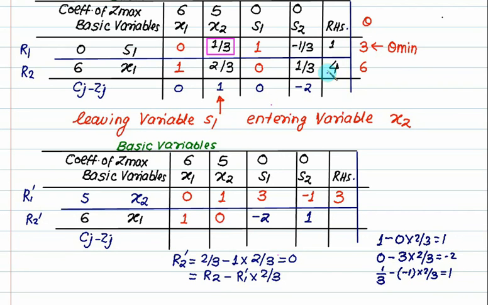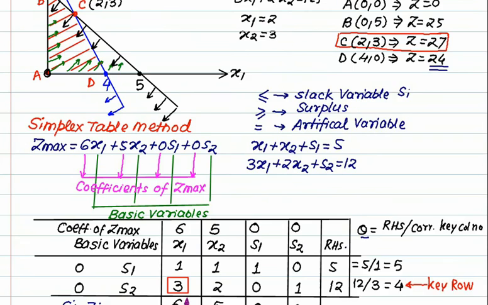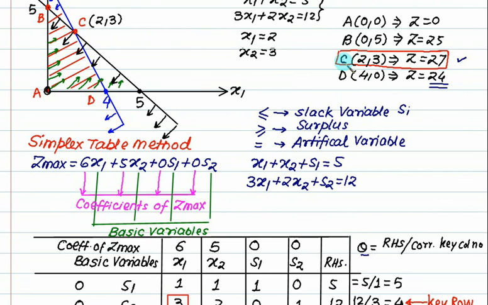What is the previous number here? 4. 4 minus, what is the new number? 3 multiplied by 2 by 3 is 2, so 4 minus 2 is 2. And 3 and 2 are your answer. And for Z, 5 into 3 is 15, 6 into 2 is 12, so 27 is your maximum profit. Check your graph. X1 is 2 and X2 is 3.